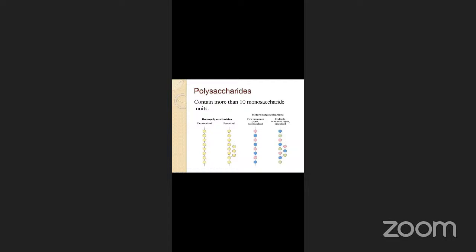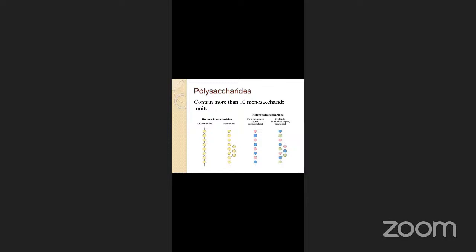Homopolysaccharide means all saccharides are of the same type, all glucose, all galactose, and so on. There are two types, unbranched and branched. Unbranched means all are in a single chain, as you can see in this image. Branched means you will have branches from the main chain.